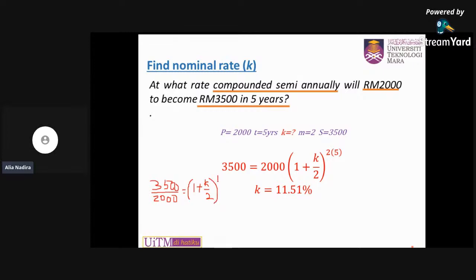Okay. So, then you solvekan this one to find the value. Okay, how to solve this one? So, ini kuasa 10 kan. So, kuasa 10, power of 10, you bring to the other side, dia akan jadi punca kuasa 10.